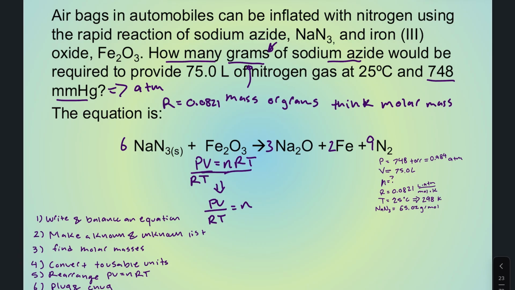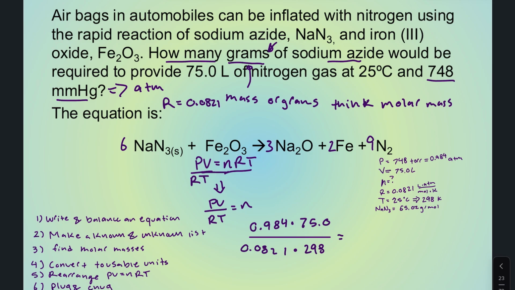Okay, so we will take the pressure, which is 0.984, multiply that by the volume, 75.0, divide all that by the R value, 0.0821, multiplied by the temperature, which we determined was 298. And all of this will come together.